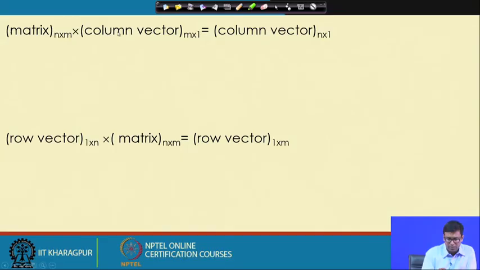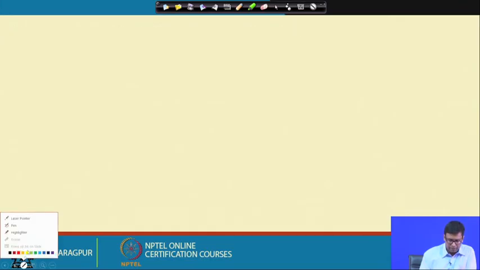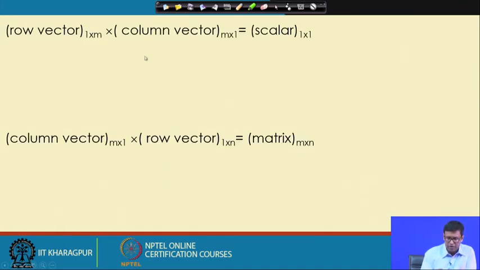A matrix will be post-multiplied by a column, whereas a matrix has to be pre-multiplied by a row. And a row vector multiplied by a column vector gives a scalar, but the opposite, a column vector post-multiplied by a row vector, will give a matrix of m into n order.